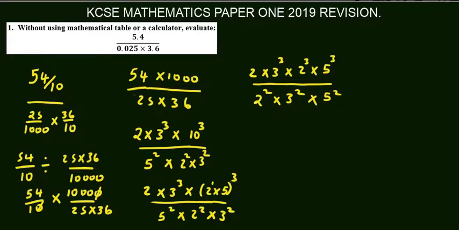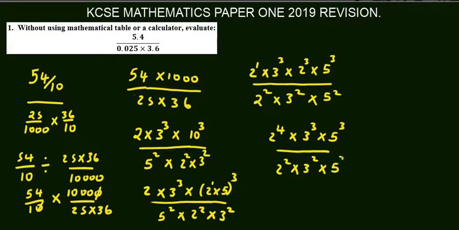Combining 2 cubed and 2 power 1 here, we will have 2 power 4, then multiply by 3 power 3 times 5 power 3. On the denominator we'll have 2 squared times 3 squared times 5 squared.